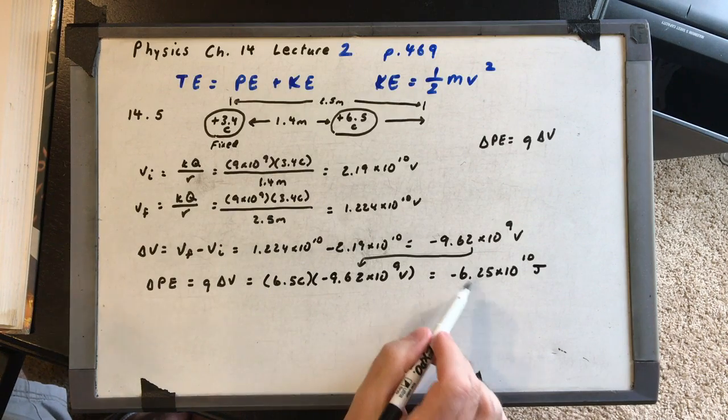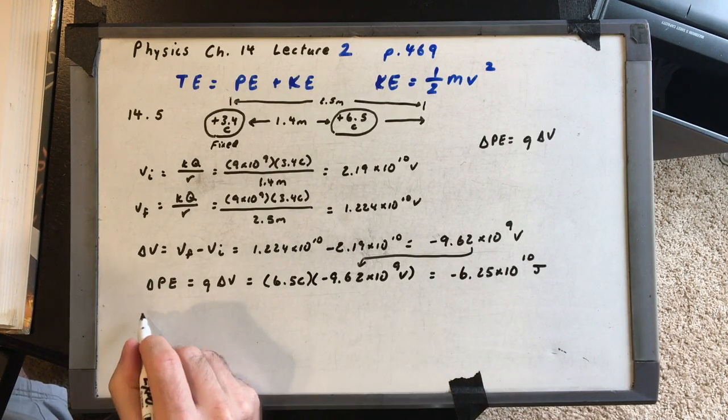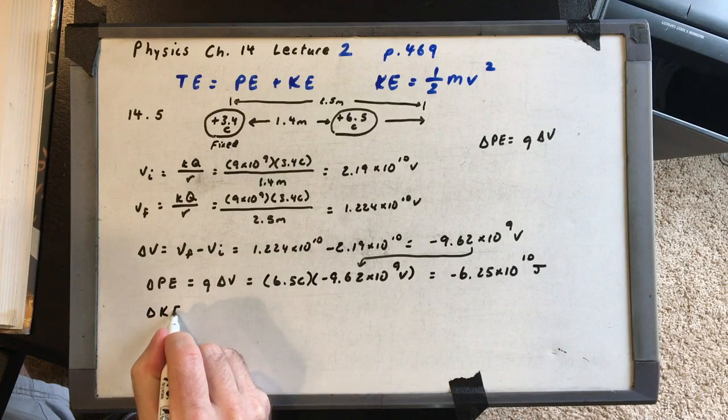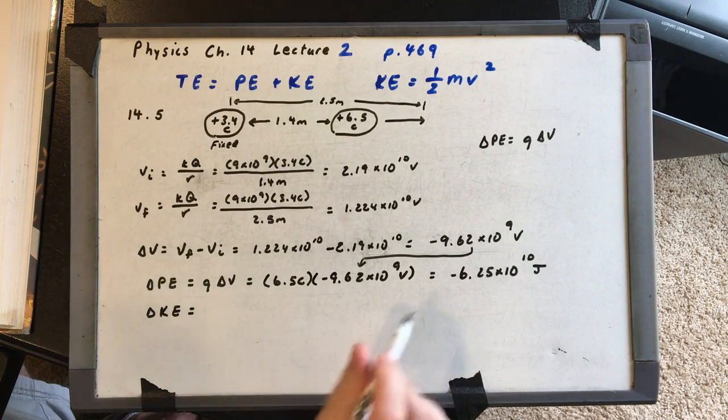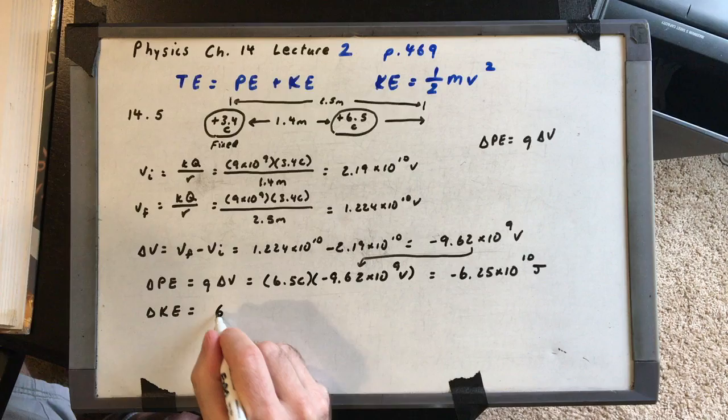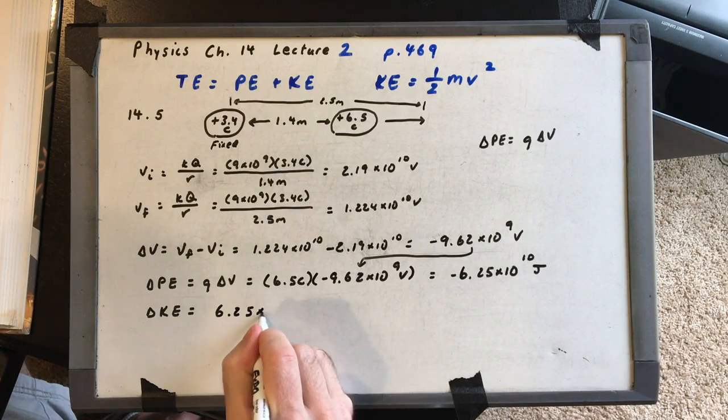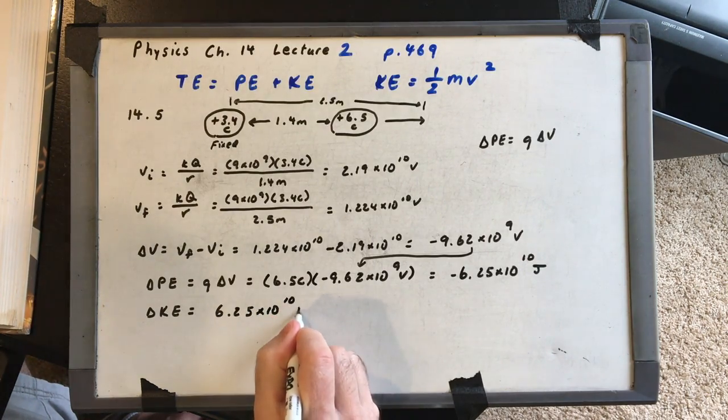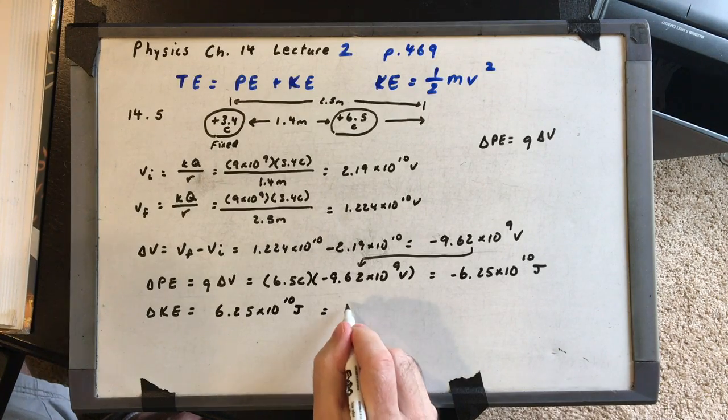So our potential energy decreased by that much. Since energy must be conserved, our change in kinetic energy is a positive 6.25 times 10 to the 10th joules.